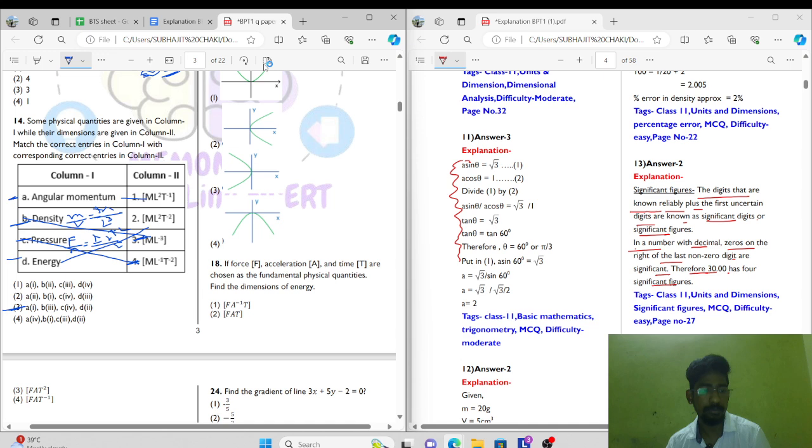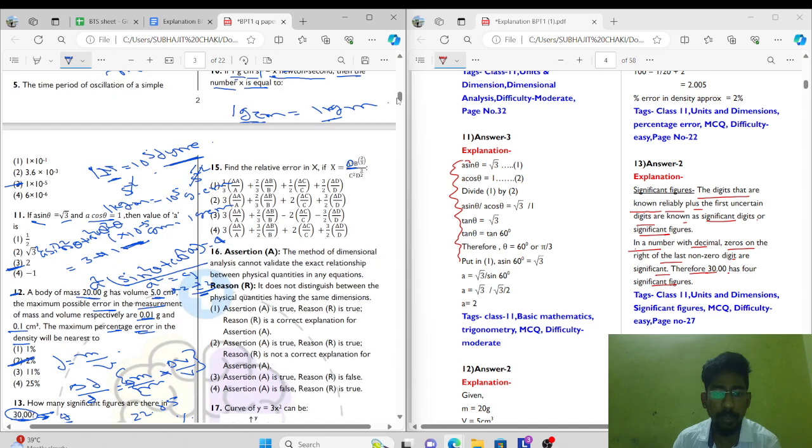15. Very simple numerical, I think. Find the relative error. So differentiate this. What will you get? 3 del A by A, 2 by 3 del B by B, 2 into del C by C, plus 3 by 2 del D by D. All these things we already discussed.